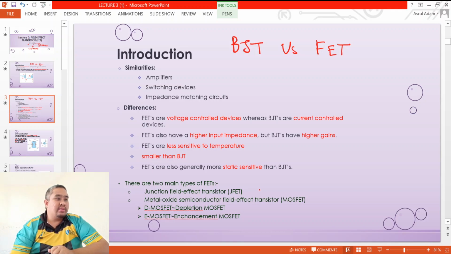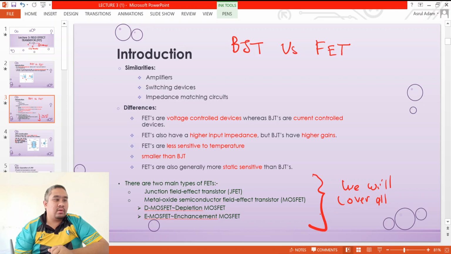In this FET topic, we will cover all these devices. Let's move to the next slide.